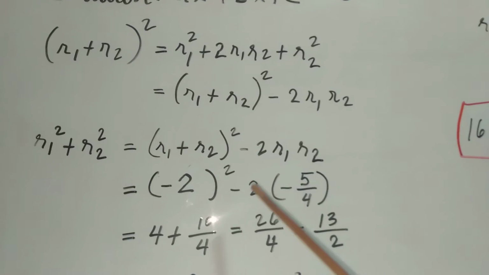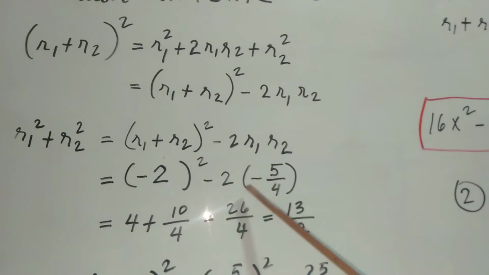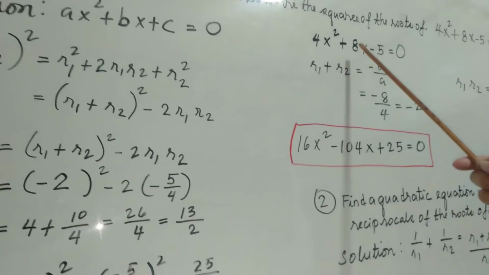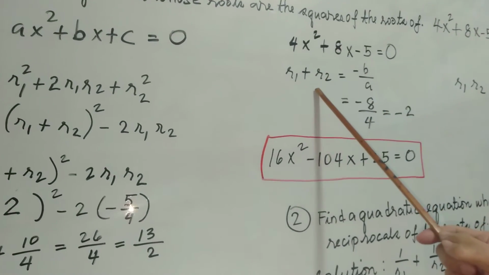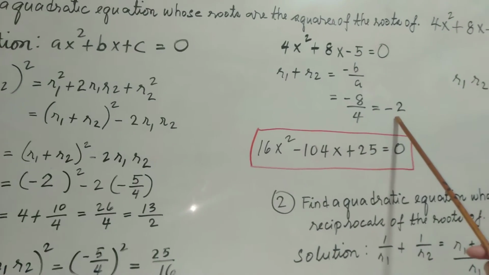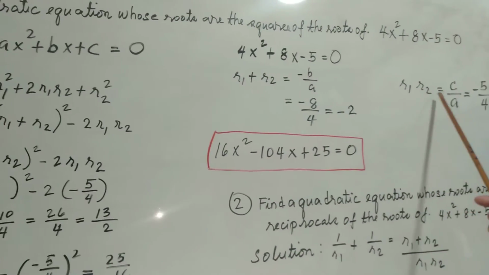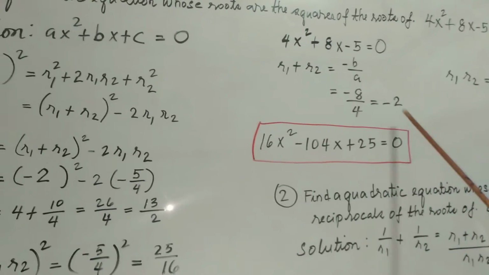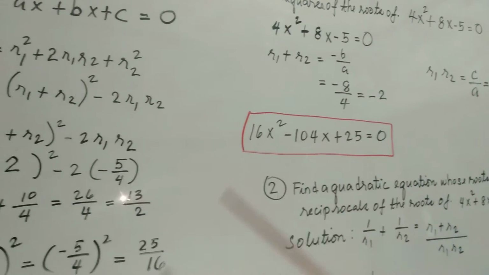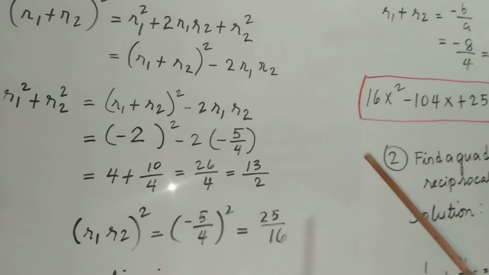Doing that, since we have already taken the sum of the roots of the given equation to be R1 plus R2 is negative 2, and R1 R2 is equal to negative 5 over 4, we just need to substitute these two values here in our equation.